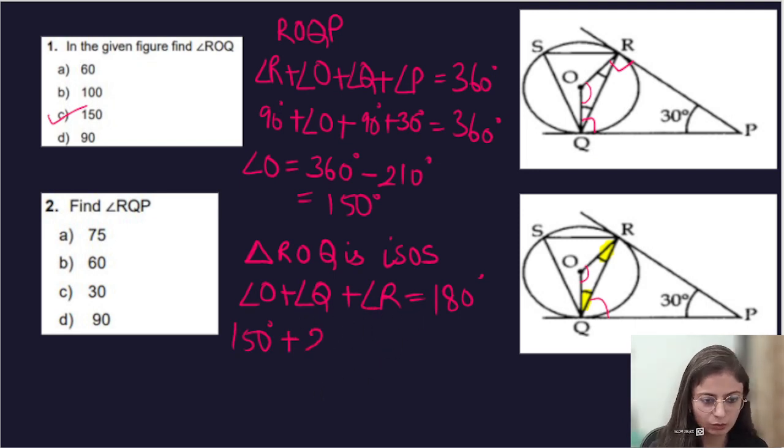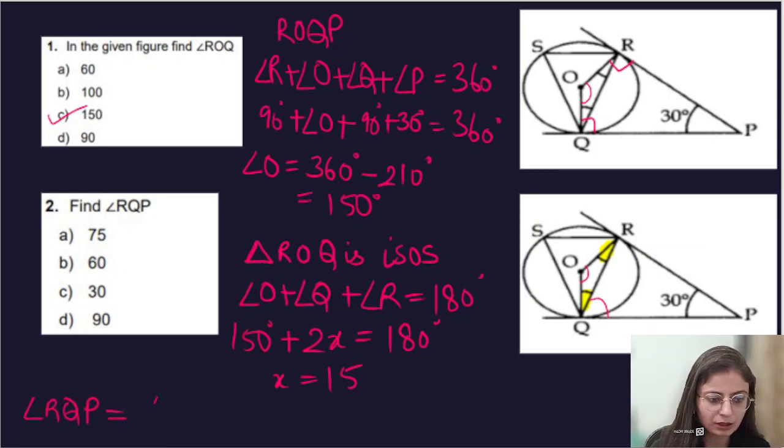So we can write 2x equals 30. So solving this equation we will have 15, right? So if we subtract 15 from 90, we will have this angle RQP.